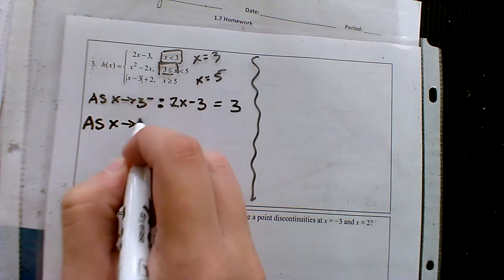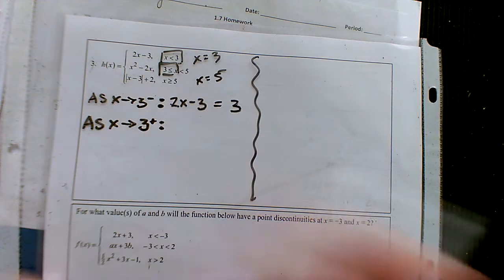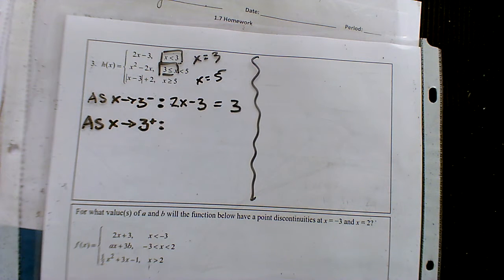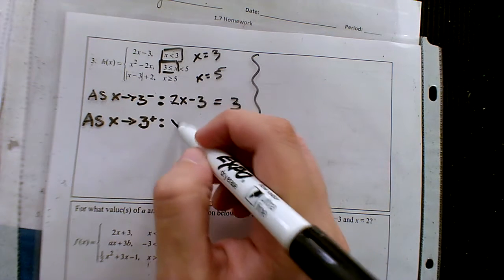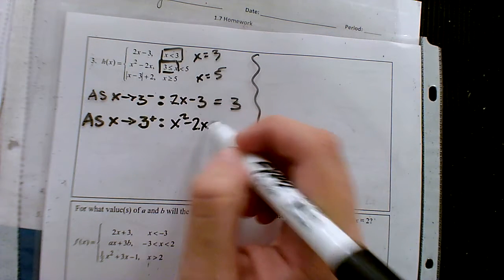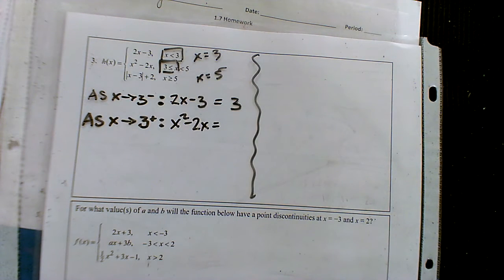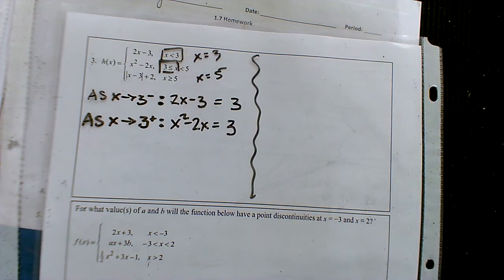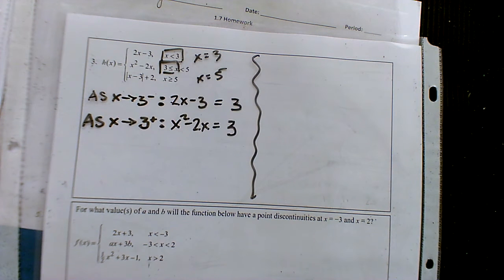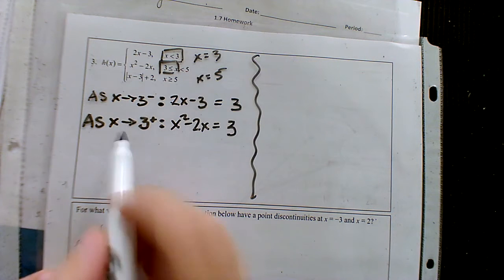Let's check out the right-hand side of 3. That would be the parabola, the middle equation. If we plug in 3, we'll also get 3. So the left height and the right height are both 3, so they're meeting up.